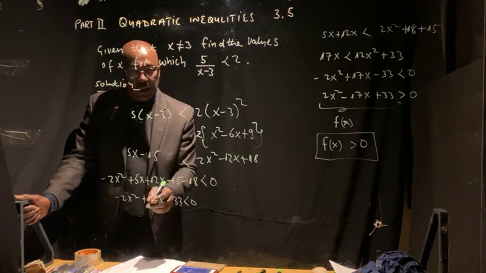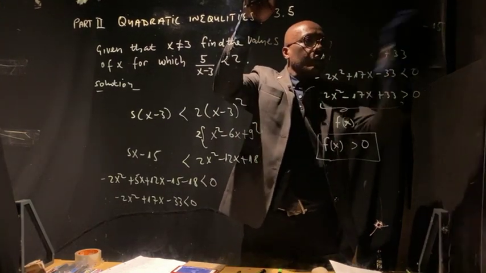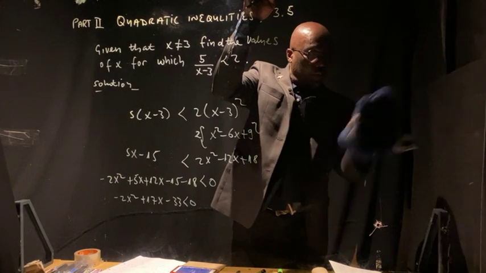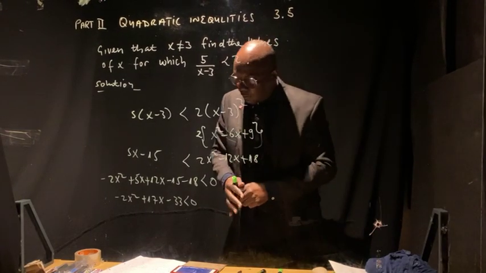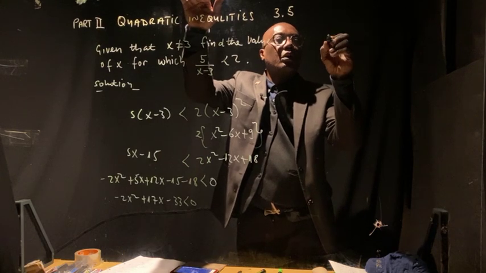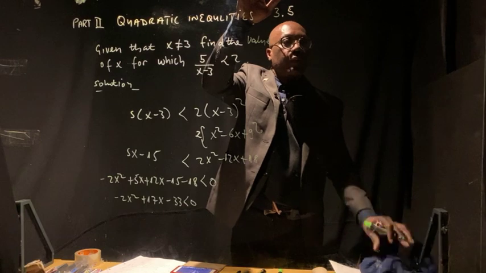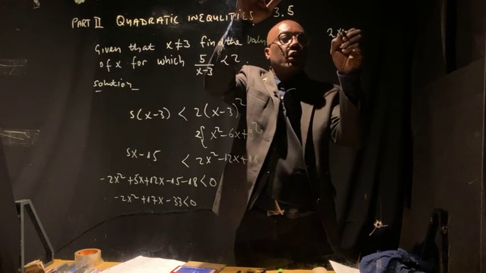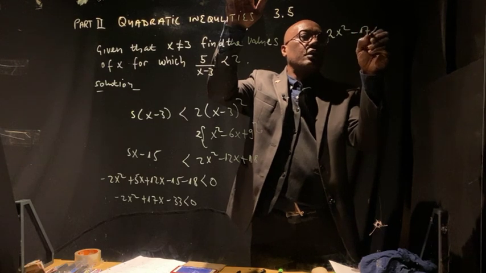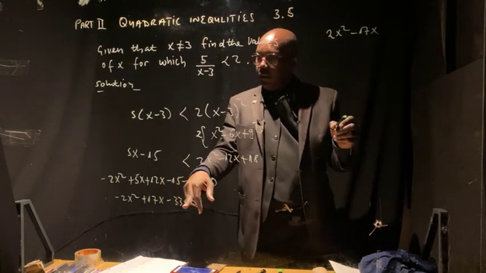So if we multiply both sides by negative 1, we have 2x squared minus 17x plus 33.